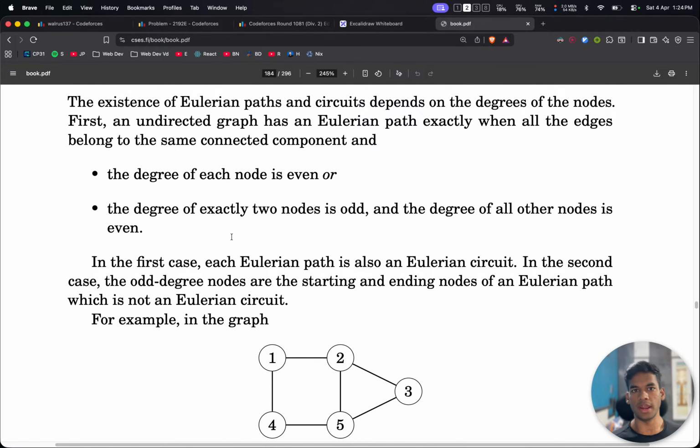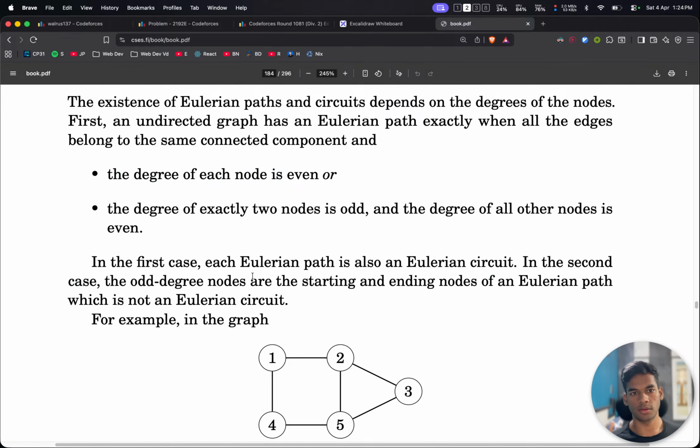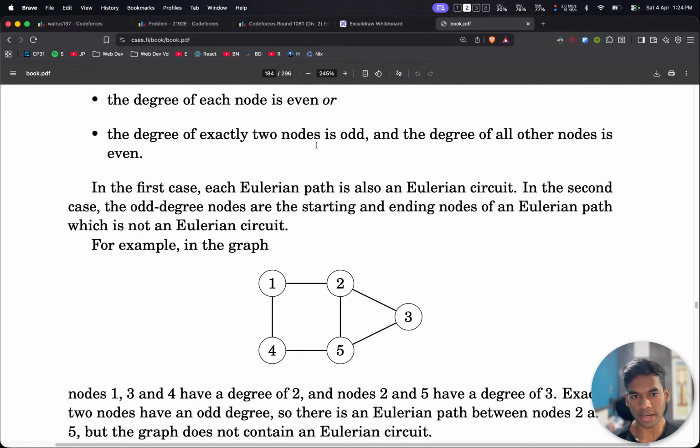Okay, now that line from the editorial makes more sense. The degree of each node has to be even. Makes sense, but we don't know why, but okay. The degree of each node has to be even, or the degree of exactly two nodes is odd and the degree of all the other nodes is even.